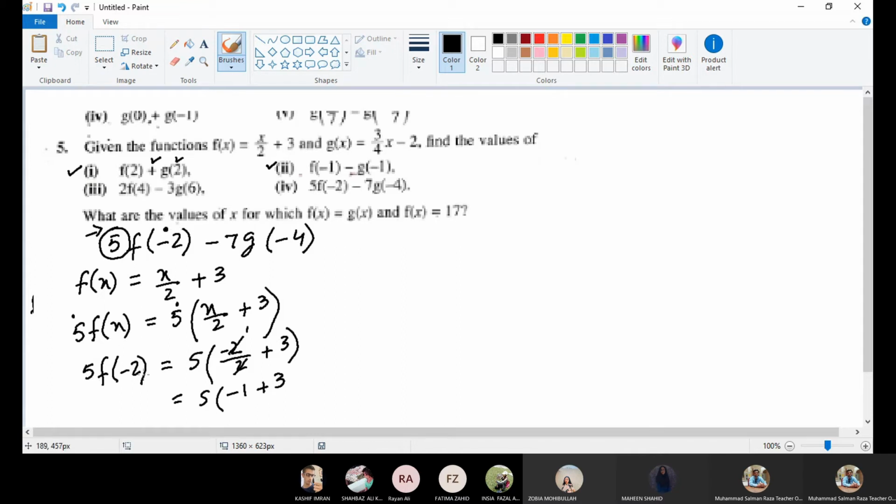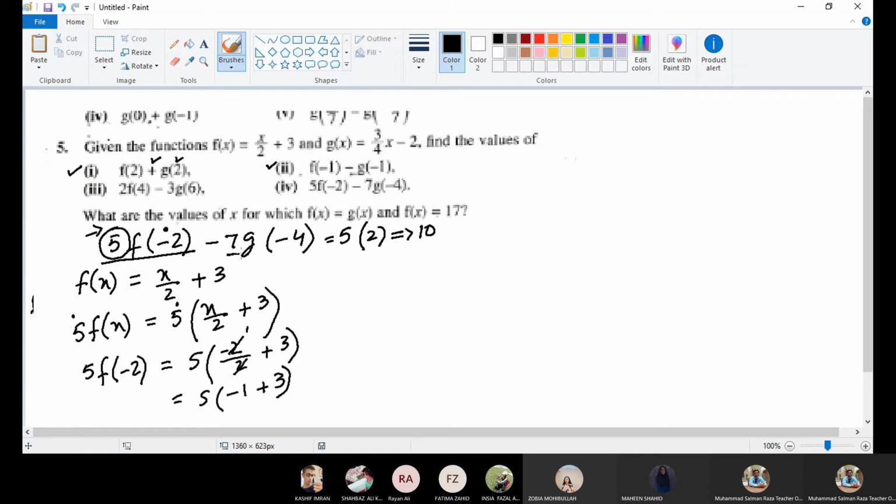So 5f of minus 2 is going to be 5 into minus 2 upon 2 plus 3, and then minus 2 and 2 cancel out, minus 1 remains over here. And furthermore, it is going to become 5 into 2, which is 10. So this was the solution of 5f of minus 2.